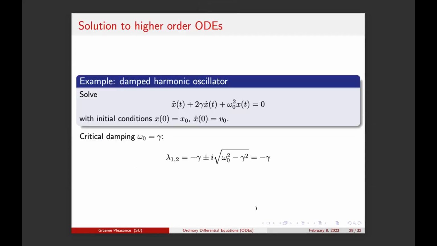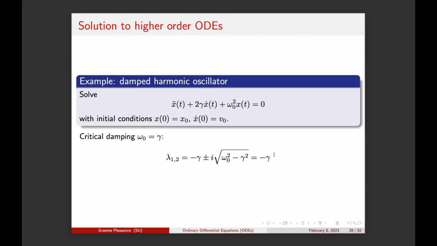Okay, with this in mind, we can revisit the example that I gave before and obtain the solution in the case of so-called critical damping, which is when the natural frequency of our harmonic oscillator is equal to the damping rate.